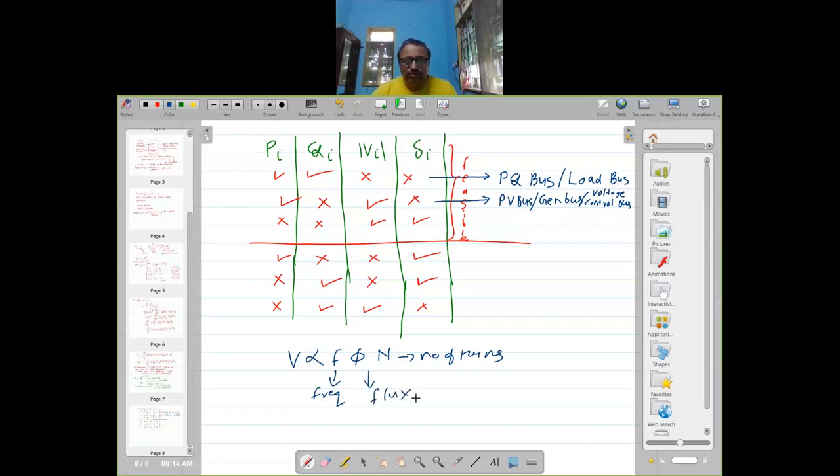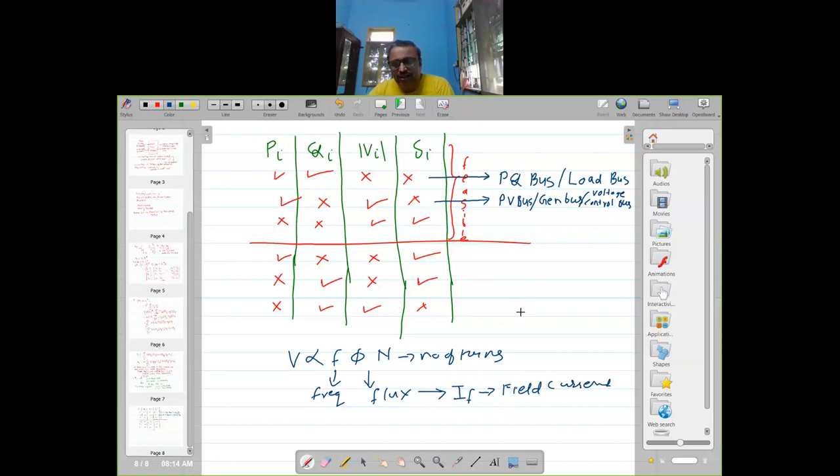So how can we control the flux in a DC shunt generator, let us say? If we can control the field current, I_F or field current. You know that this is a typical machine.